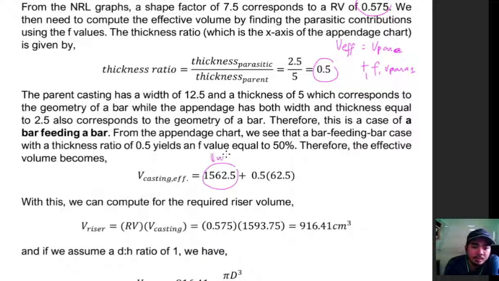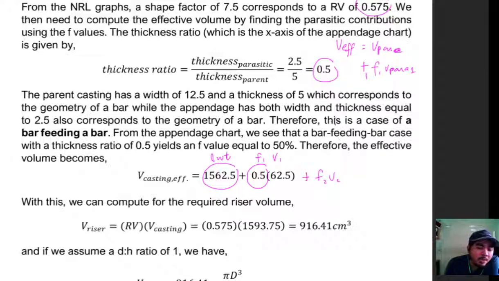This is just length times width times thickness or height. Sometimes we use them interchangeably, yung height and thickness na dimension. So length times width times thickness plus 0.5, this is the F1, and yung V1, which is the volume of the parasite, 62.5. So if we add more appendages, then pwede pa tayo mag-add ng ganyan, no?